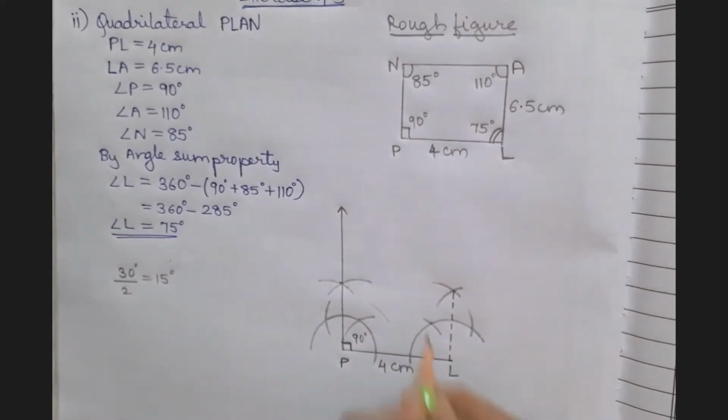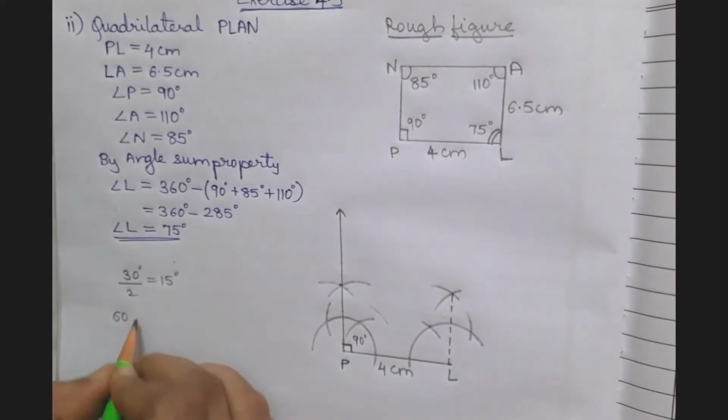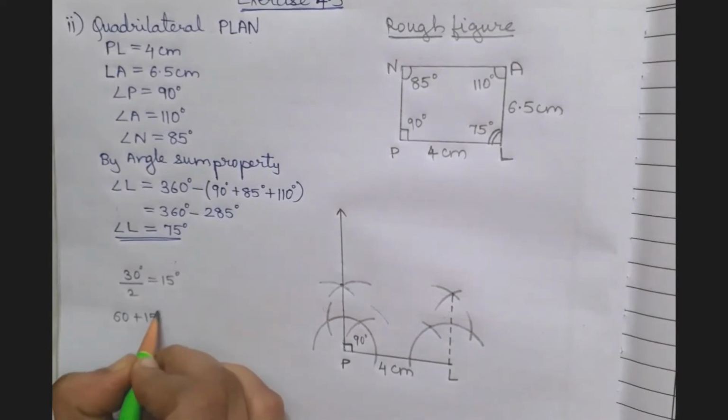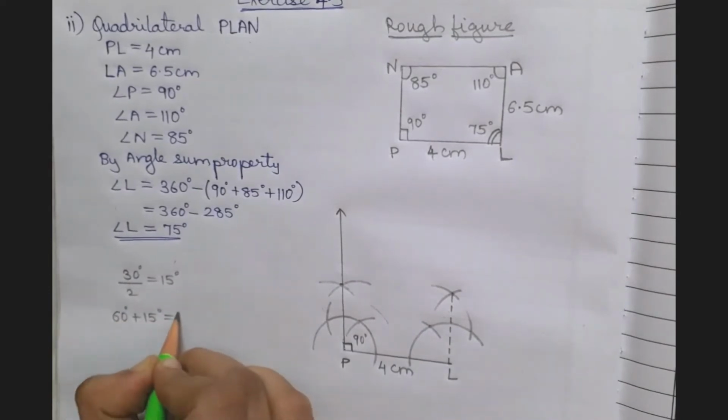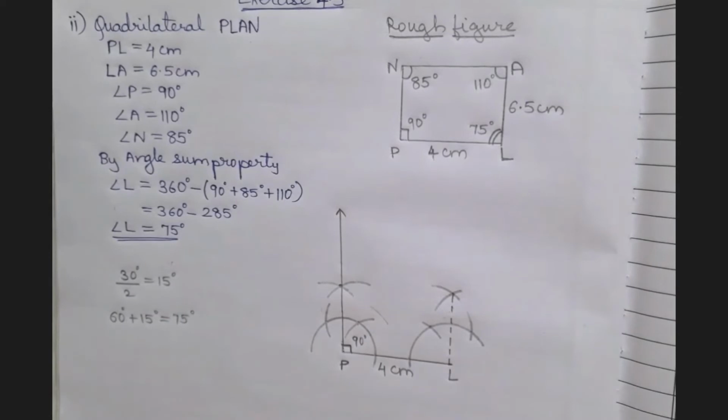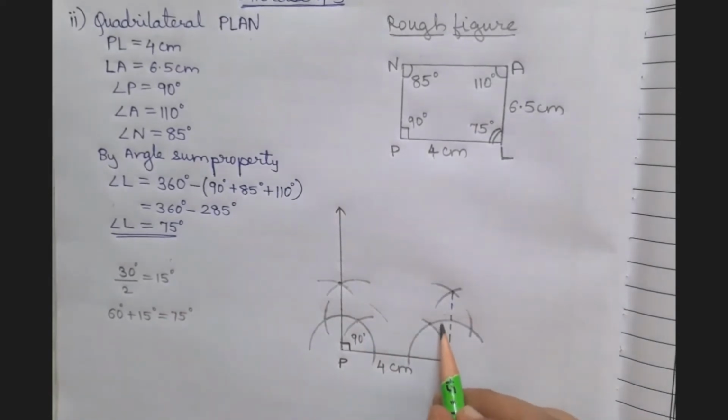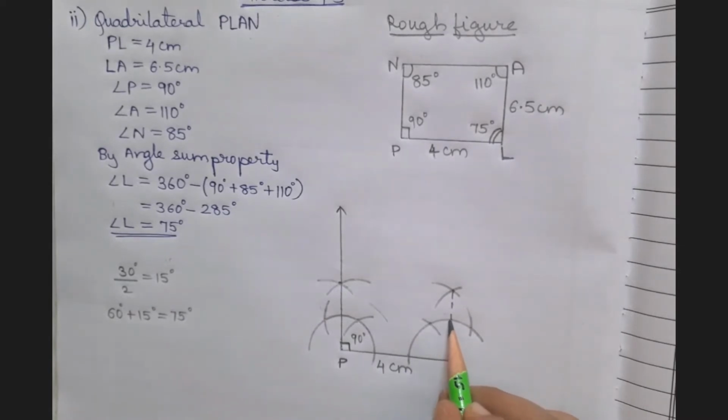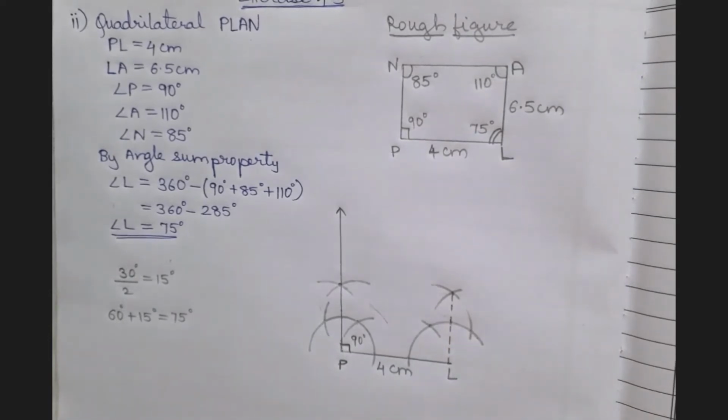And this angle is 60 degree. We know that 60 plus 15 will give us 75 degree. That is, if we find the bisector of this angle, it will be of the measurement 75 degree. If we bisect this arc between 60 and 90, the bisector will be of 75 degree.